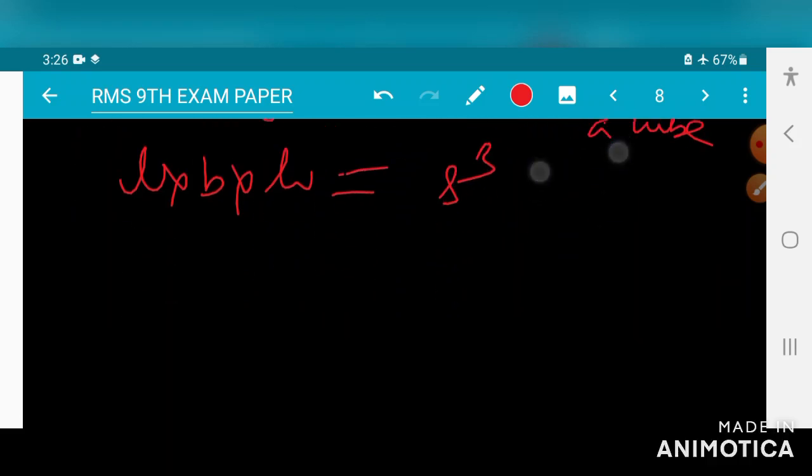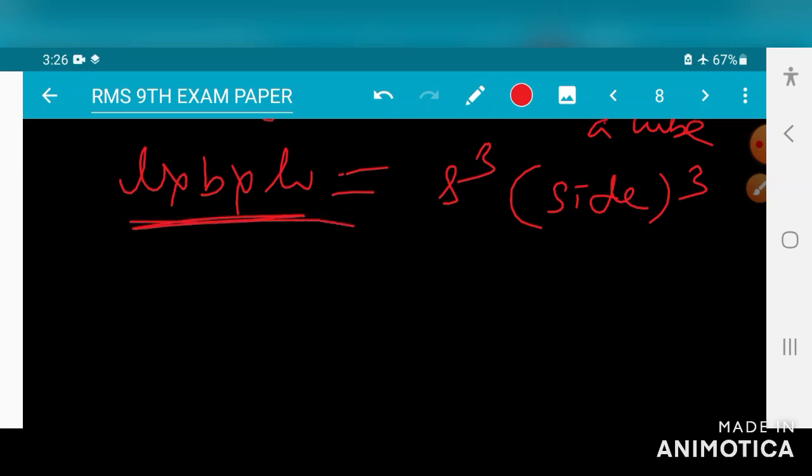So this is side cube. See, L into B into H: L is 16, B is 8 and H is 4, equal to side cube.